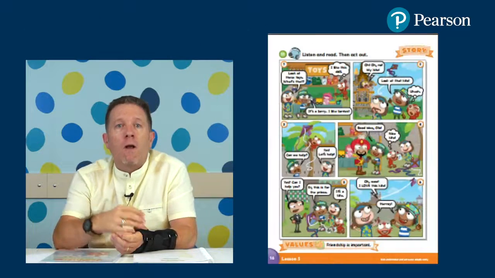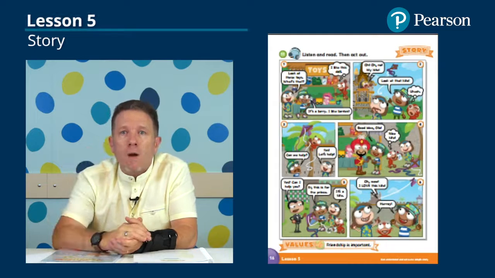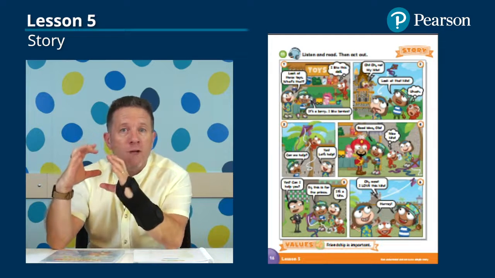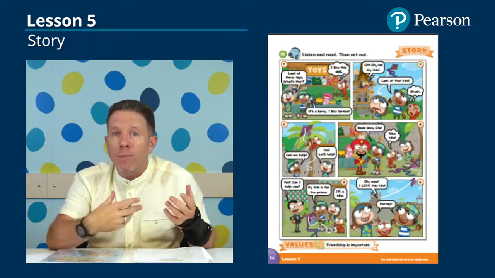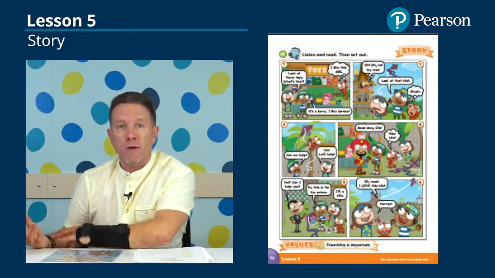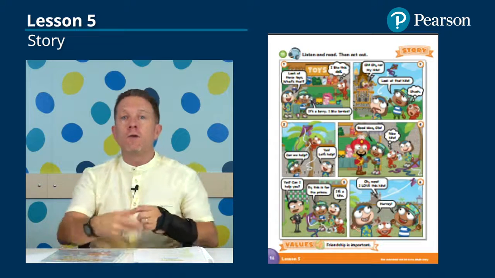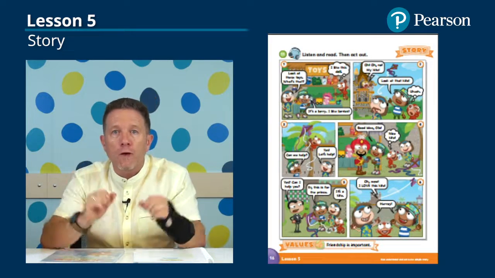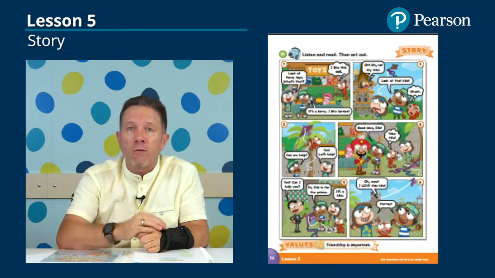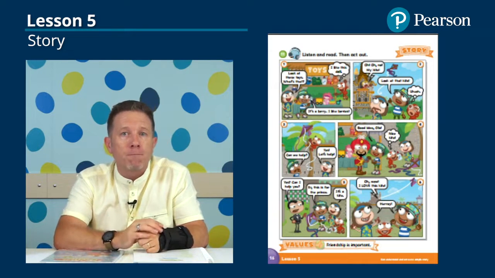Lesson 5. The story. The story is provided with speech bubbles and audio support. It consolidates vocabulary and structures from the previous lessons and introduces new functional language. Story cards can be used in a variety of ways to support pupils' learning.